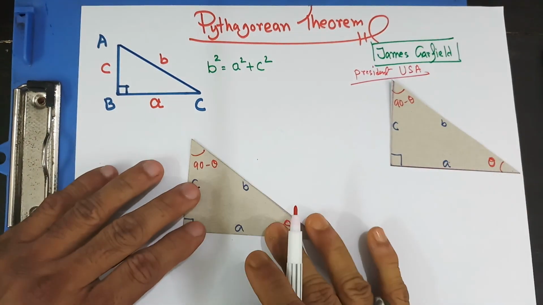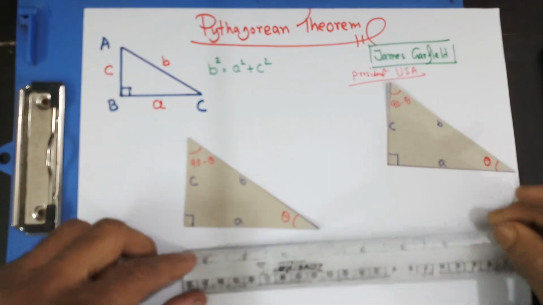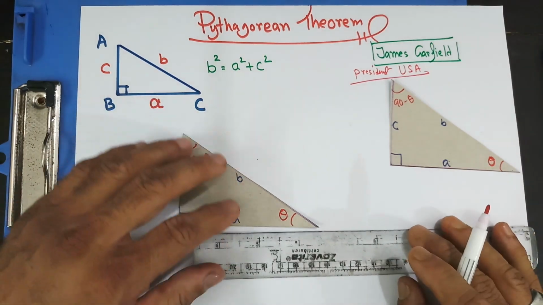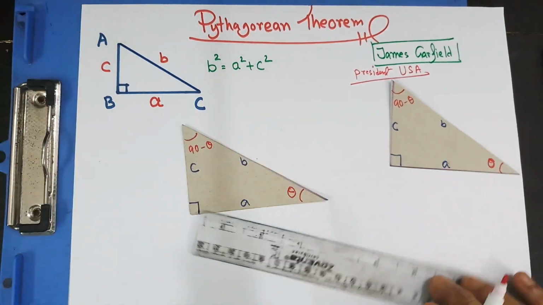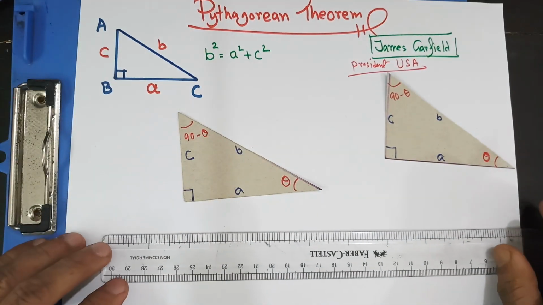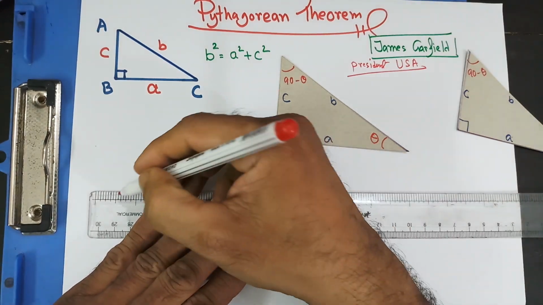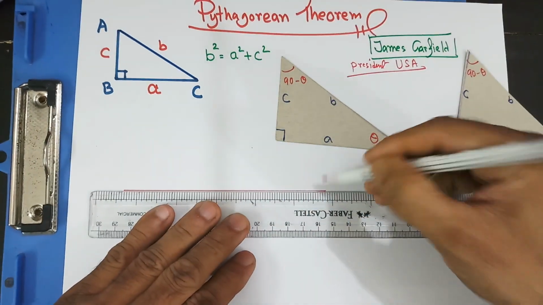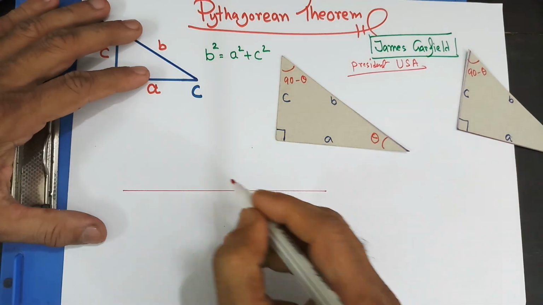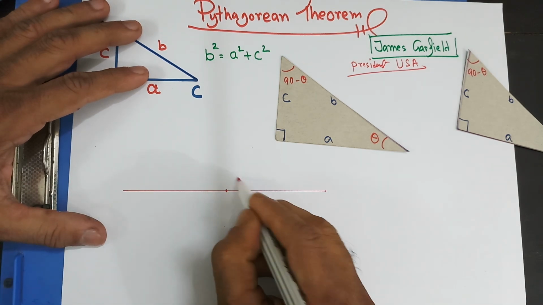And the way I'm going to do it, I'm going to place this one, and let me take a scale over here. Actually, let me take a bigger scale. I'm going to draw a line over here, and on this line, let me put a point. This angle is supposed to be a straight angle.